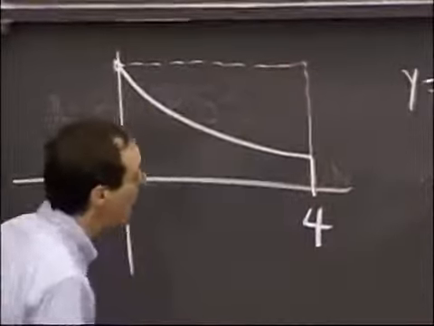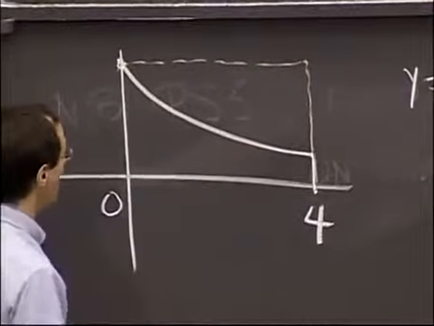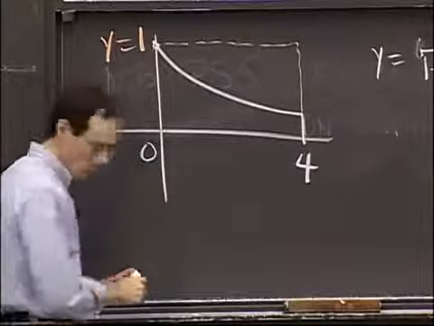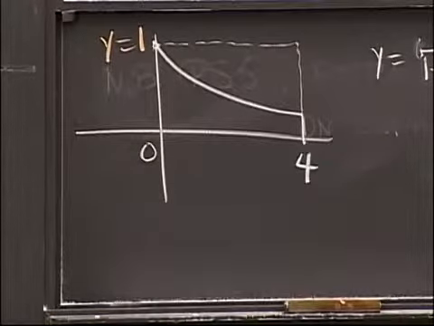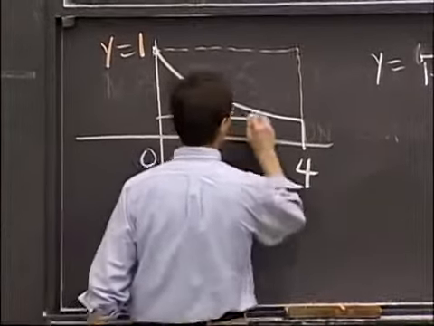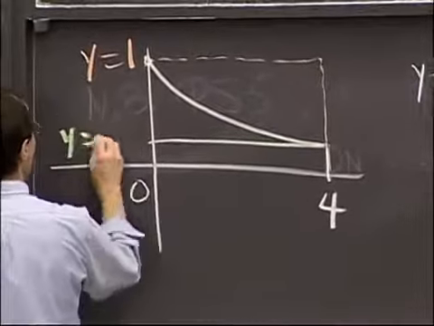We compared it to the constant function, which was 1 all the way across. This is y equals 1. And then we also trapped it from underneath by the function which was at the bottom. And this was y equals 1/5.